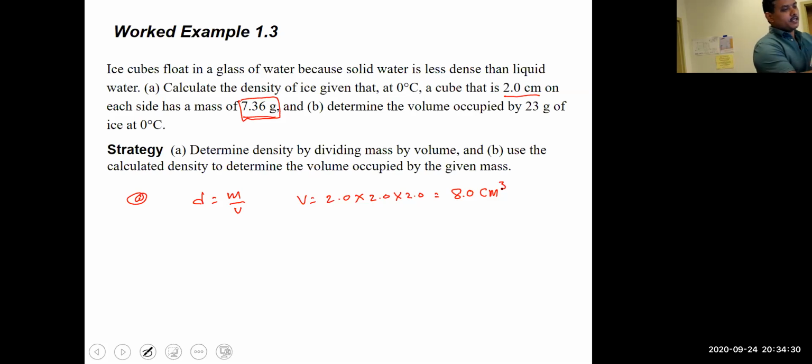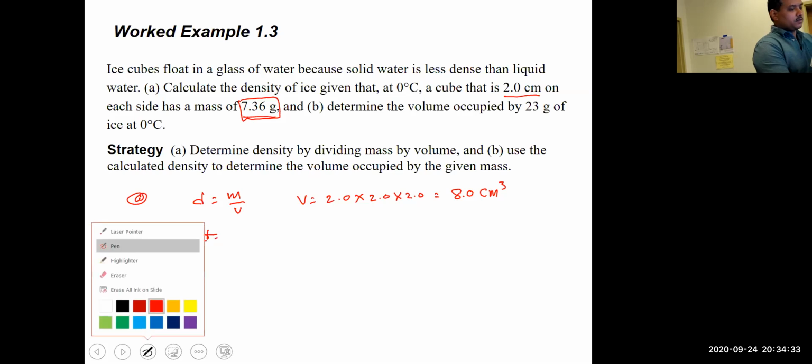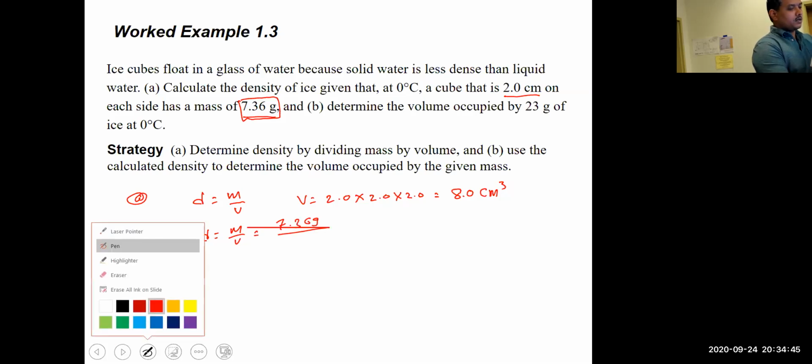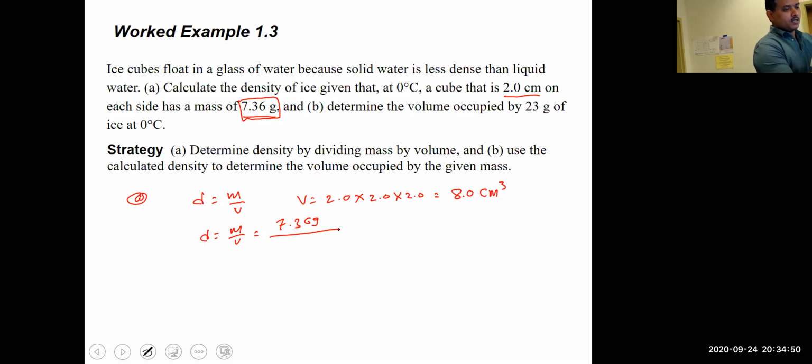So to identify the density, use the density equation, mass over volume. You already know the mass, which is 7.36 grams, over the volume of 8.0 centimeter cubed. So if you calculate by yourself, you should be getting a value of 0.92 grams per centimeter cubed.